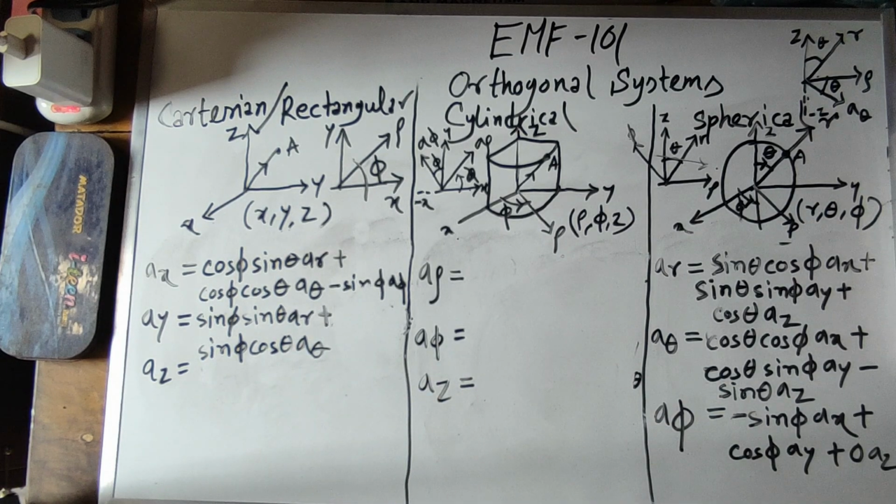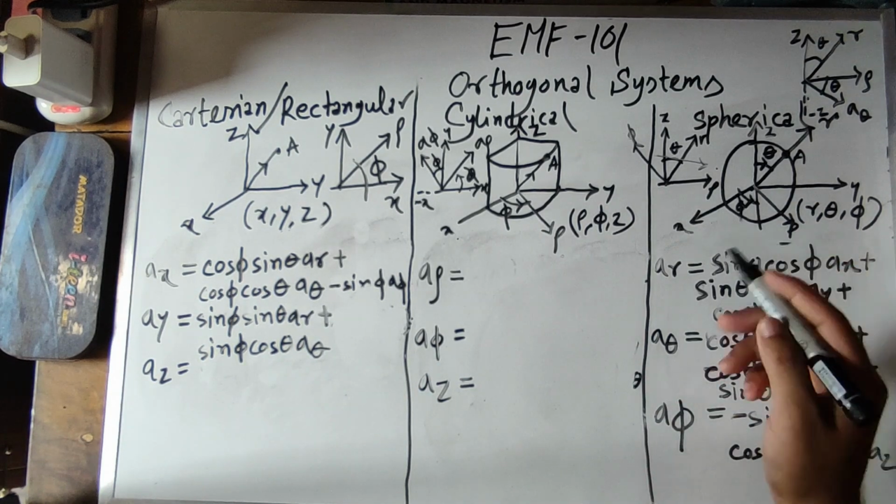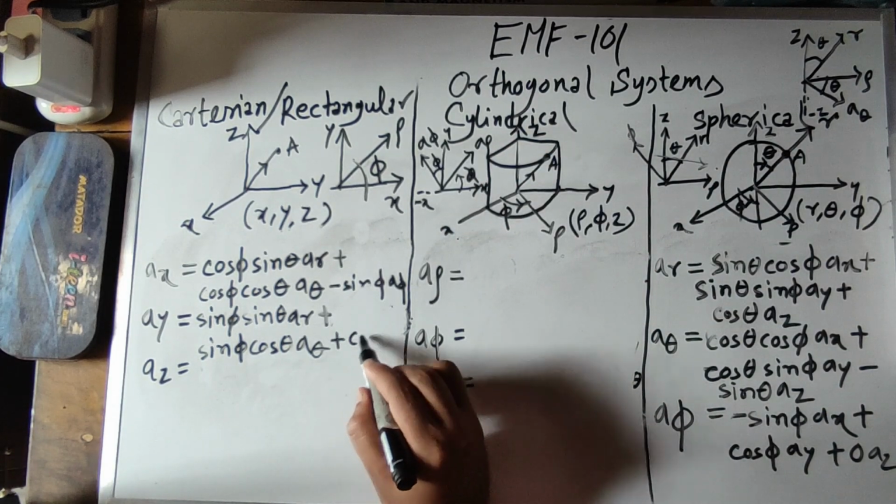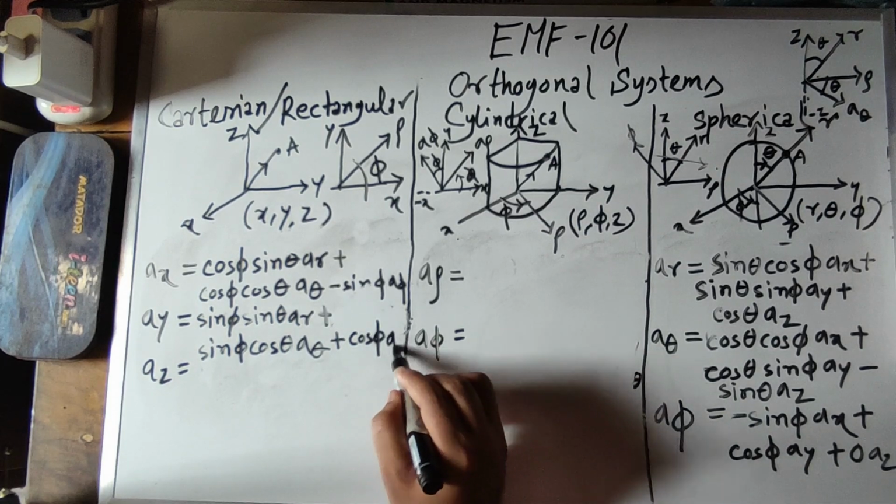Let me write it cleanly. And for phi, y has a cos phi component with a phi, plus cos phi a phi.